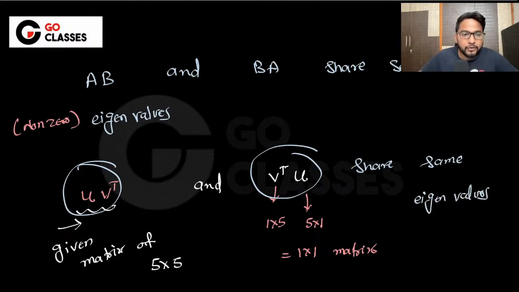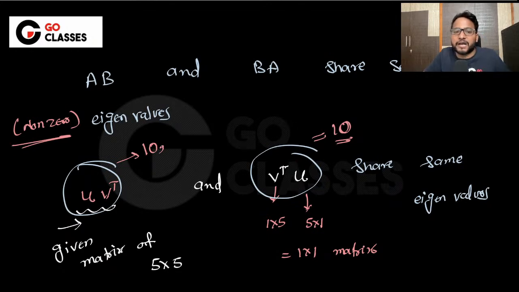Which means what? If this is given to be 10, the eigenvalue of this matrix is just 10. So this must have 10 as one of the eigenvalues, and this is the only non-zero eigenvalue. Because the non-zero eigenvalues are the same, and since it is 5 cross 5, it must have some other eigenvalues. What must the other eigenvalues be?